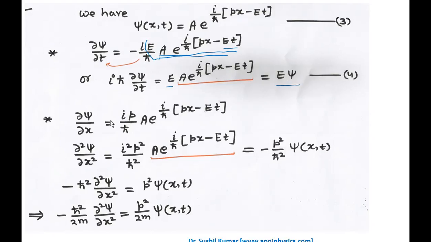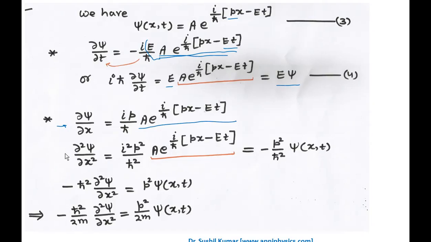Now I am differentiating this particular equation number 3 with respect to x. When I am differentiating this with respect to x, this term p and iota upon h cross comes out. So that is basically this particular result: iota p upon h cross and this exponential term with this amplitude constant.